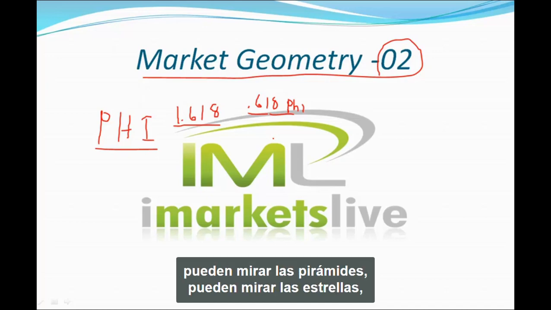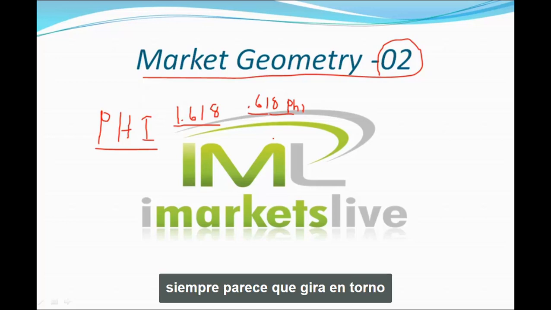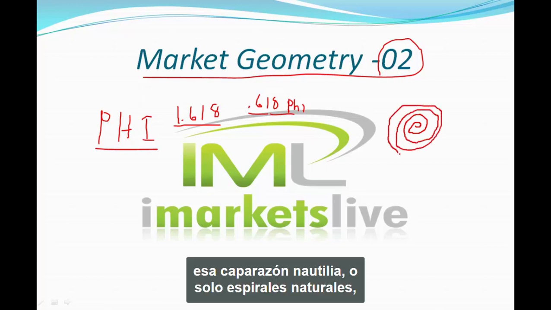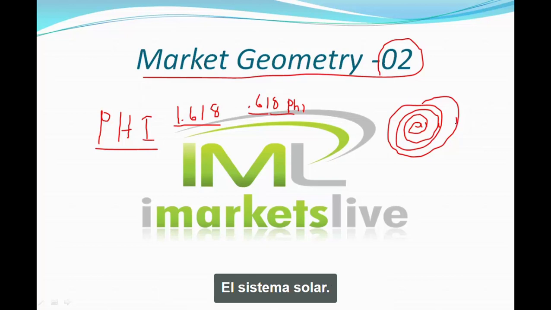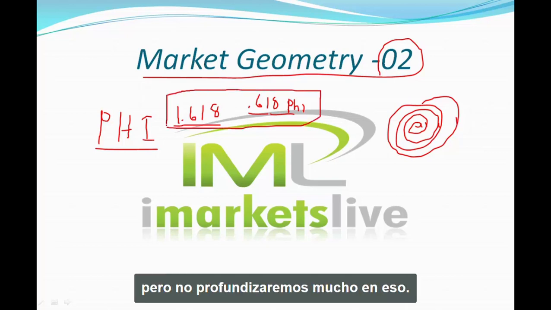You can look at the pyramids. You could look at the stars and the sun and the earth, and however you want to do it, it always seems to revolve around the world's perfect numbers. So even that spiral, that nautilus shell, or just natural spirals, they have their 0.618 and 1.618 relationships, the solar system. So it all comes down to these numbers, but we're not going to get too deep into that.